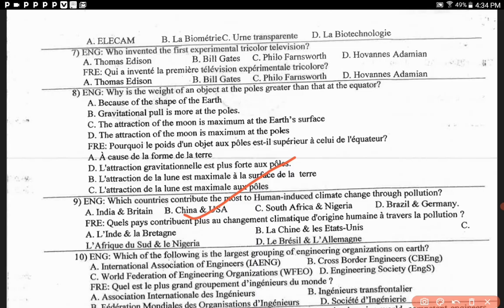So China together with USA contribute a substantial share of the global carbon dioxide emissions from fossil fuels and also from industries. Now we look at India, Britain, South Africa, Nigeria, Brazil, and Germany as they are listed in the various options.